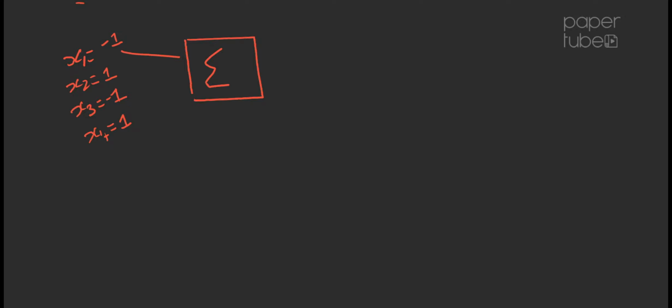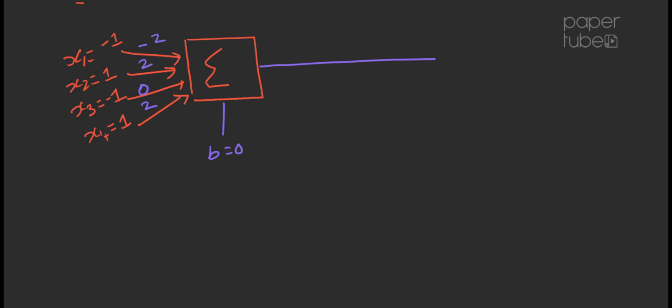And then we know the corresponding weights. Let me write it in purple. The weights are -2, +2, 0, 2, and the bias is equal to 0.